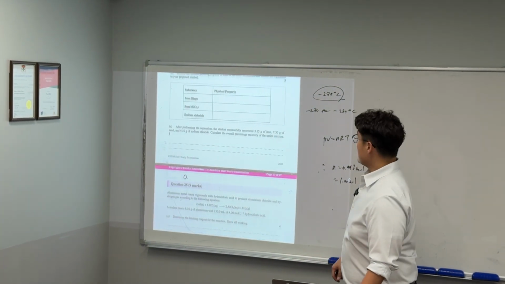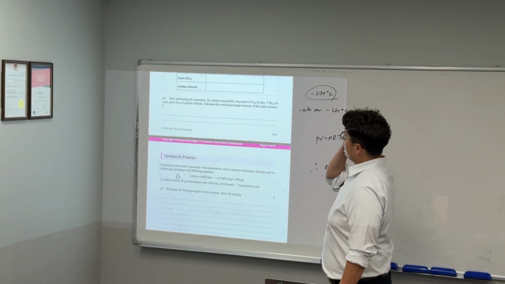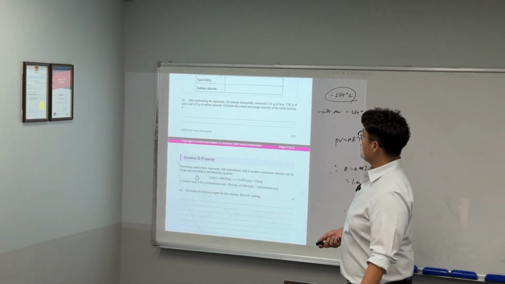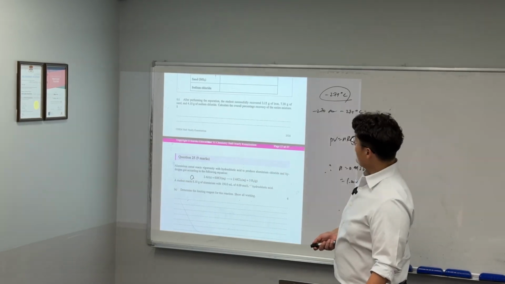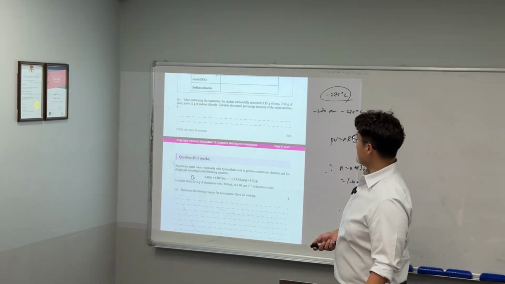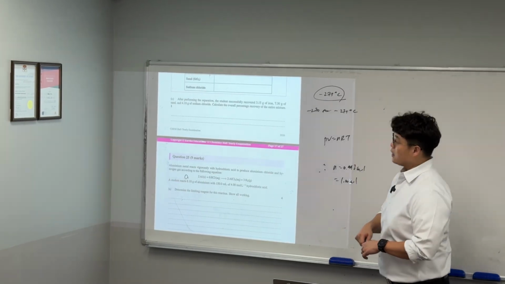Say after performing the separations, the students successfully recovered 3.15 grams of iron, 7.3 grams of sand and 4.1 grams of sodium chloride. Calculate the overall percentage recovery of the entire mixture. Percentage recovery is simply adding all that.